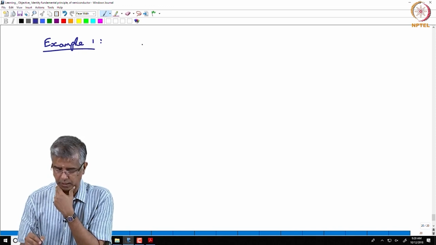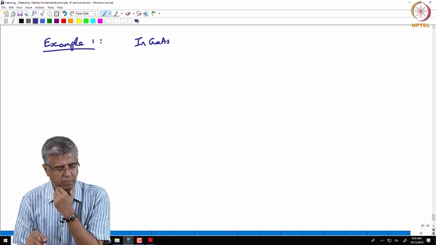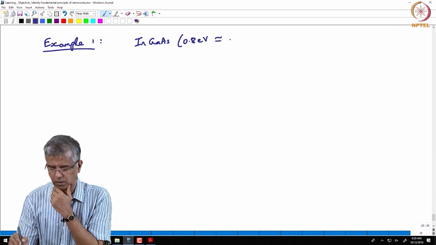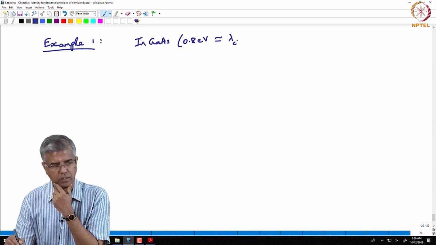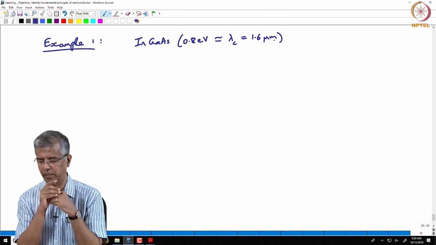So we have indium gallium arsenide. Indium gallium arsenide actually has a band gap energy of about 0.8 electron volt, which corresponds to lambda c, that is a cutoff wavelength, in the order of around 1.6 microns.